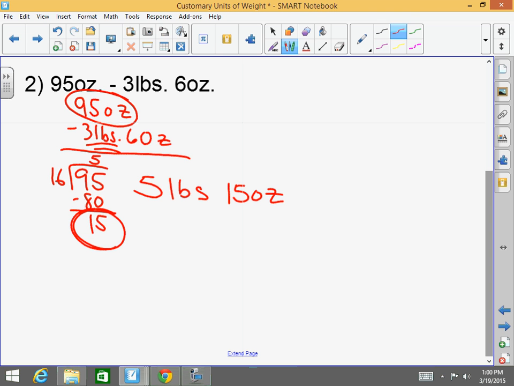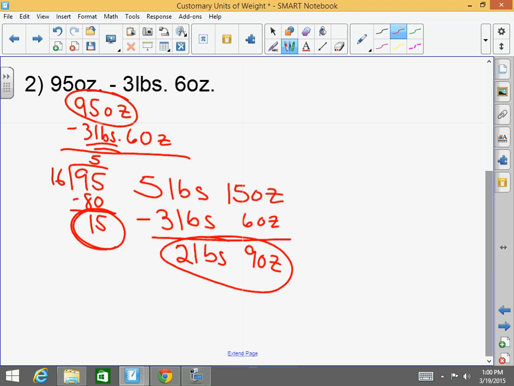Do you see what I just did there? Okay. So now I can subtract 5 pounds, 15 ounces minus 3 pounds, 6 ounces. And 15 minus 6 is 9 ounces. 5 minus 3 is 2 pounds. And now I cannot simplify that any further.